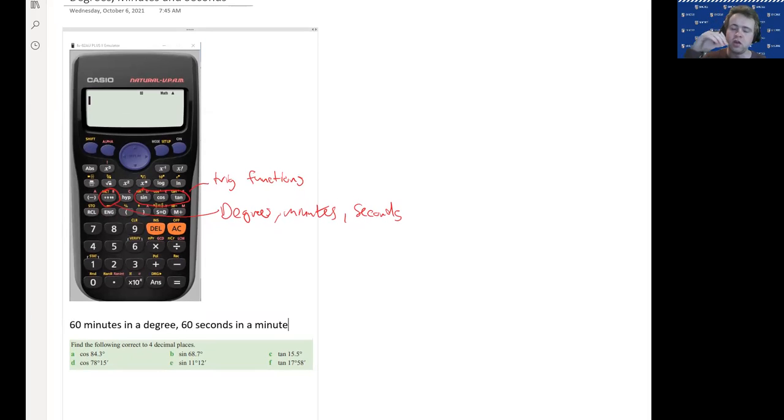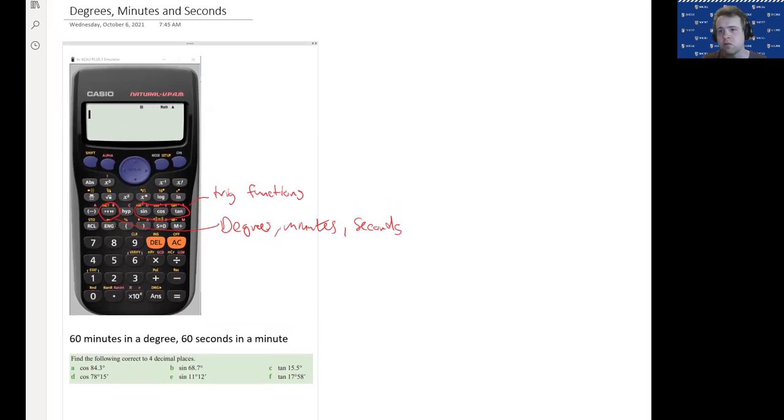So you could break 1 degree down into 60 subunits, that would be minutes, and then you could break each of those minutes down further into 60 subunits, and that'll be seconds. This actually comes from old navigation, when talking about bearings that you travel when navigating in a boat. They would use degrees, minutes, and seconds.